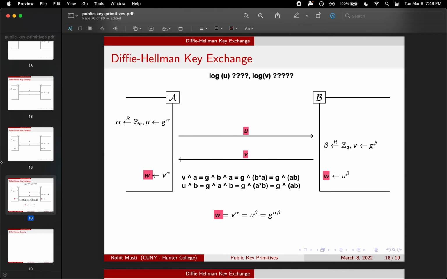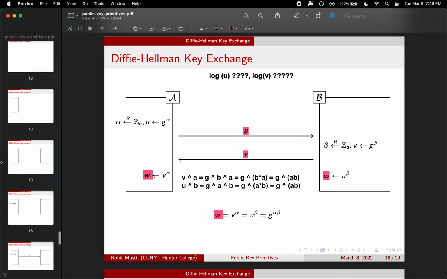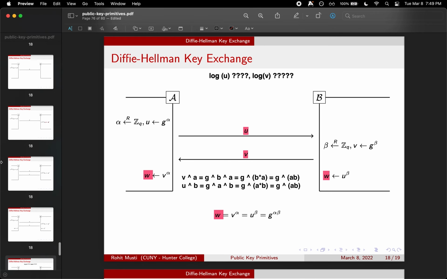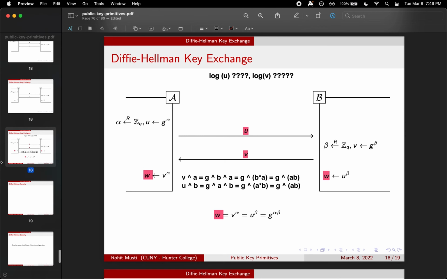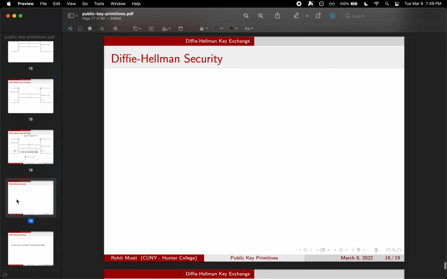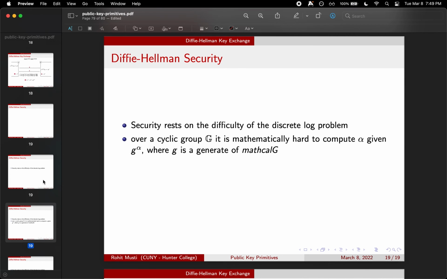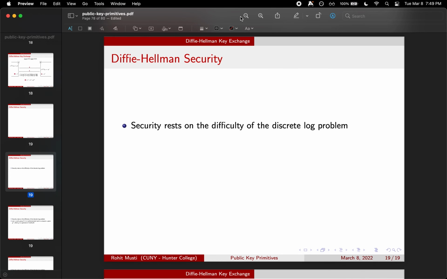If we compare Diffie-Hellman to RSA, it certainly feels like fewer steps than RSA. In my opinion, it feels slightly cleaner, but both are really valid, great tools. So what is Diffie-Hellman security? The security rests on the difficulty of the discrete log problem, which we described earlier in the lecture in reference to RSA.